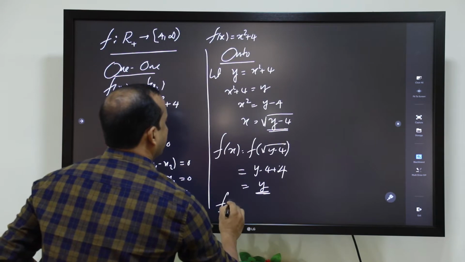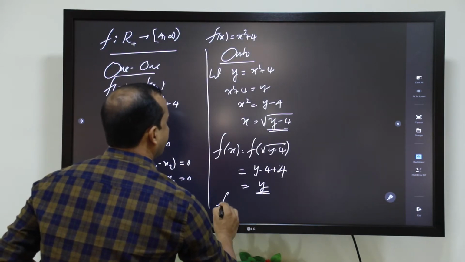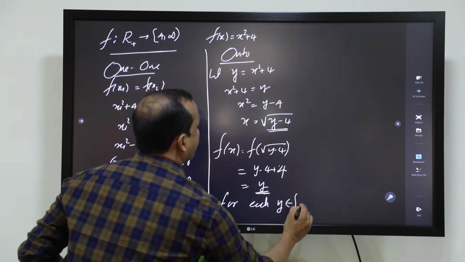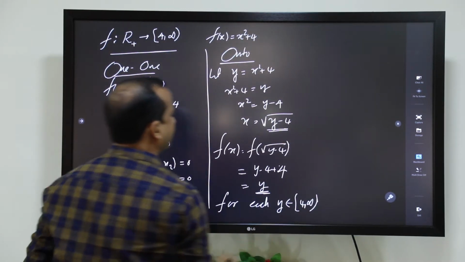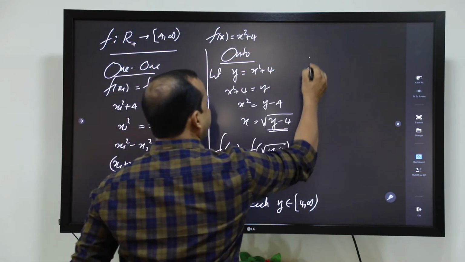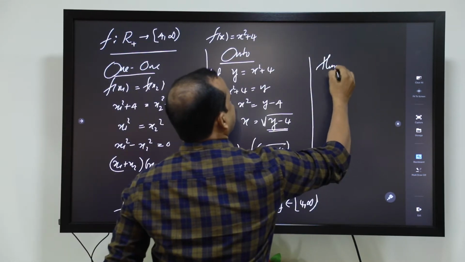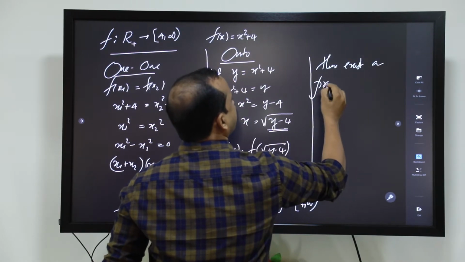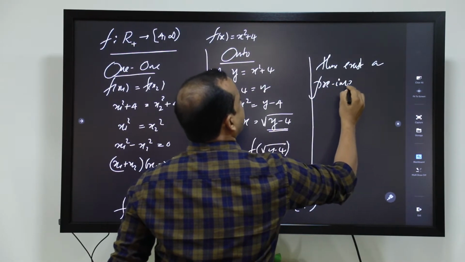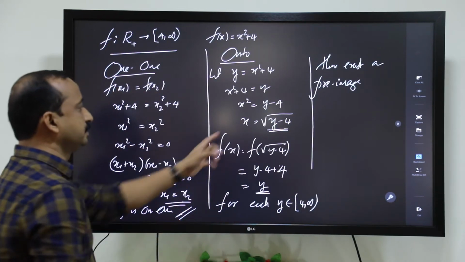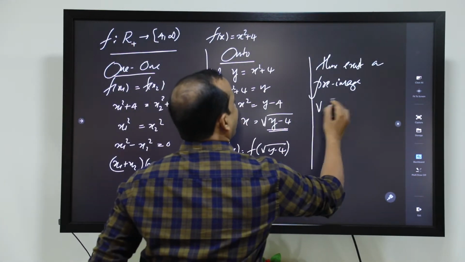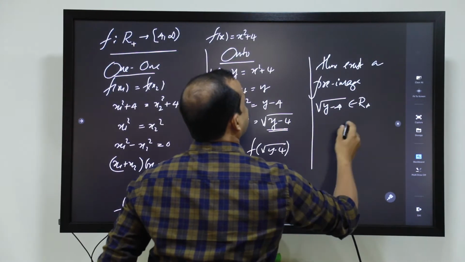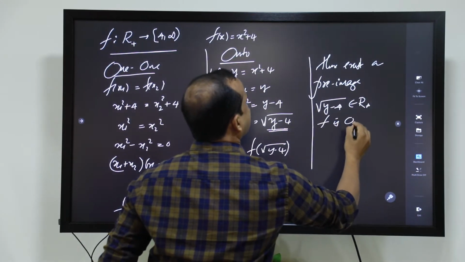That is, for each y element of [4, infinity), there exists a pre-image. Here what is the pre-image? Root of y minus 4, an element of R plus, and therefore f is onto.